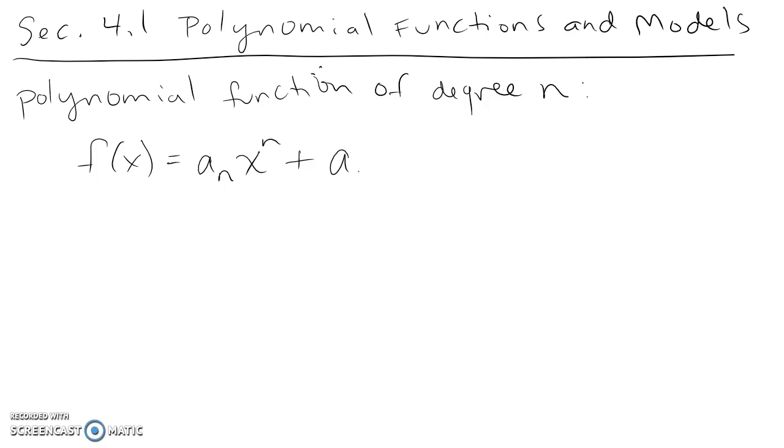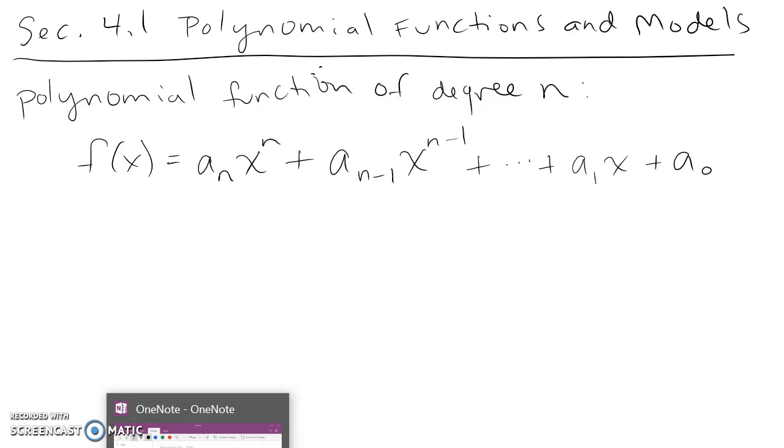Then there's going to be another coefficient and x to the n minus 1. So this degree is 1 less than the original. And we're going to add some more terms until we get to a last coefficient times a variable. Notice this x is to the first power. And then we're going to add some constant, right?